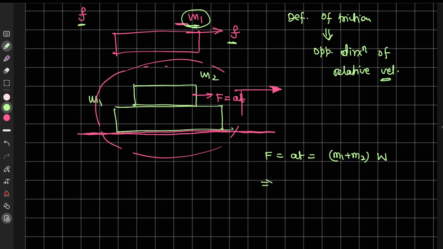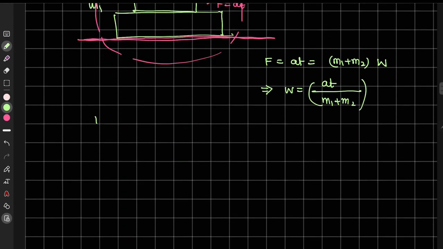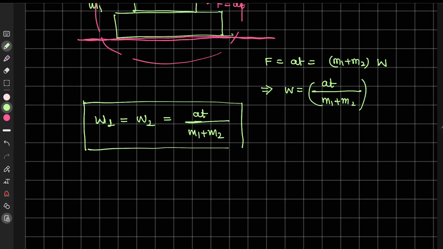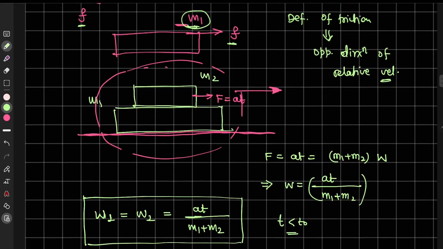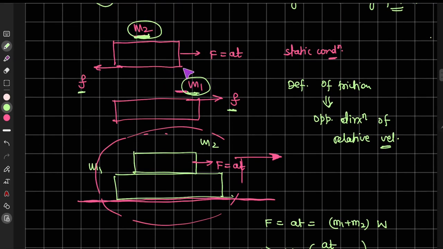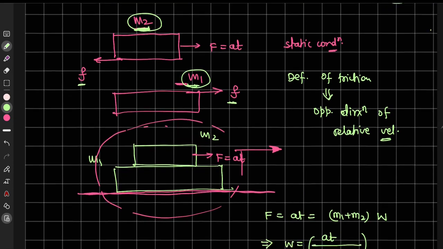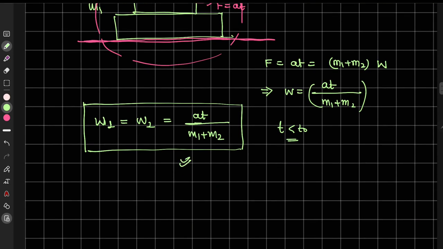So from here we can find w is equal to AT whole divided by m1 plus m2, which is equal to the acceleration of mass m1, that is equal to the acceleration of mass m2. So this is the condition for t less than t naught, because for t less than t naught, there will be no relative motion between these two masses, and the combined mass m1 and m2 will move with this particular acceleration.